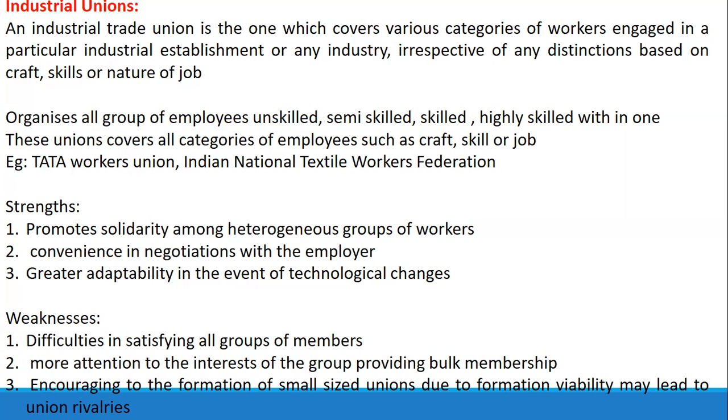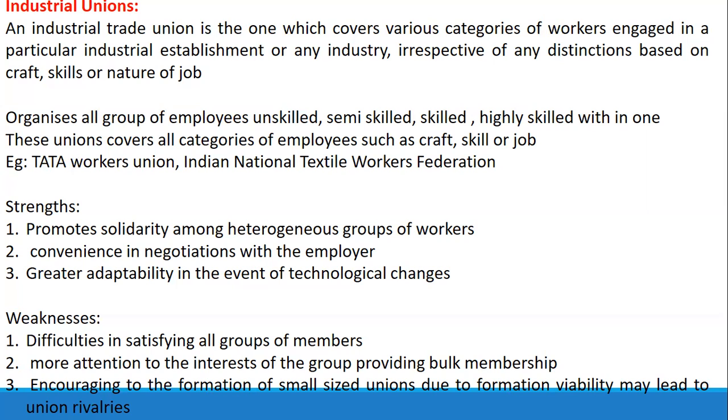Third one is encouraging the formation of small-sized unions, because formation viability may lead to union rivalries. So here the main thing is union formation. So many people join different unions because formation of a union is very easy. So rivalry among the unions may happen because union formation is very easy as per law.